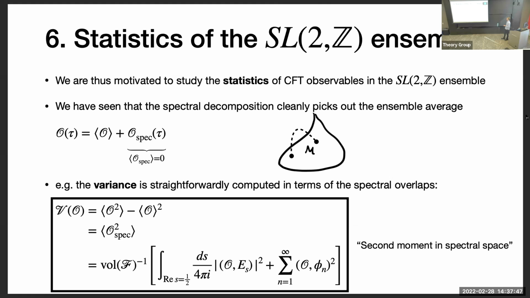So for example, you can compute the variance of an observable very straightforwardly in terms of these spectral overlaps. It's just the average of O spec squared. And it's given by this nice formula in which the second moment in tau space on the left-hand side, the variance, is given by this expression involving the spectral moment, the second moment in spectral space.